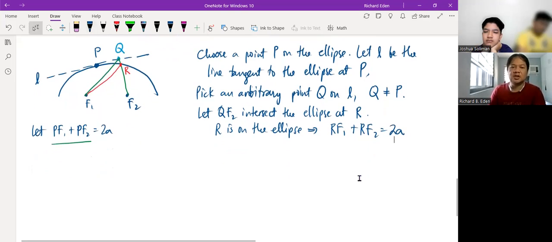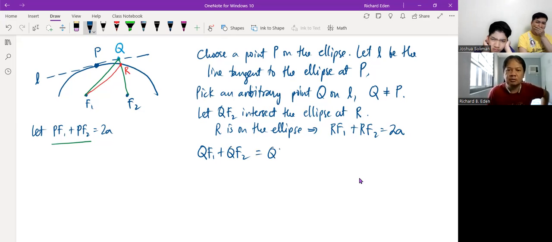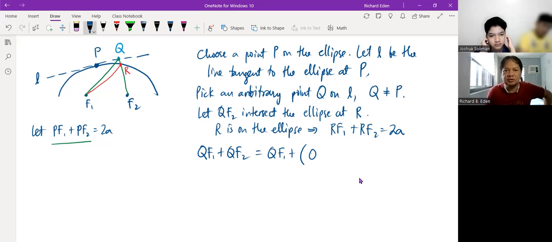Okay? So now, let's compare, as I asked earlier, point Q: QF1 plus QF2. Let me write it as follows. QF2, the one on the right, let me break it down into QR plus RF2.